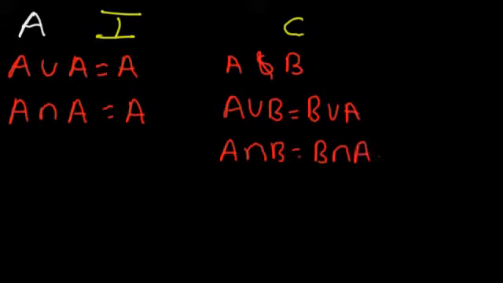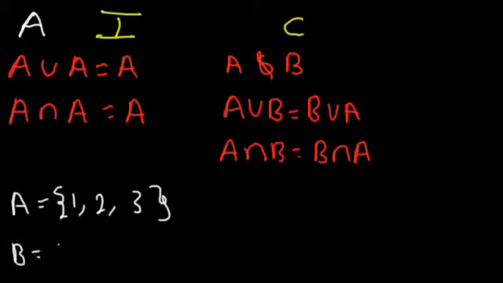So let's say A is a set and it consists of elements 1, 2, 3, okay, and B is a set and it consists of elements 2, 4, 6. So A union B is equal to what?